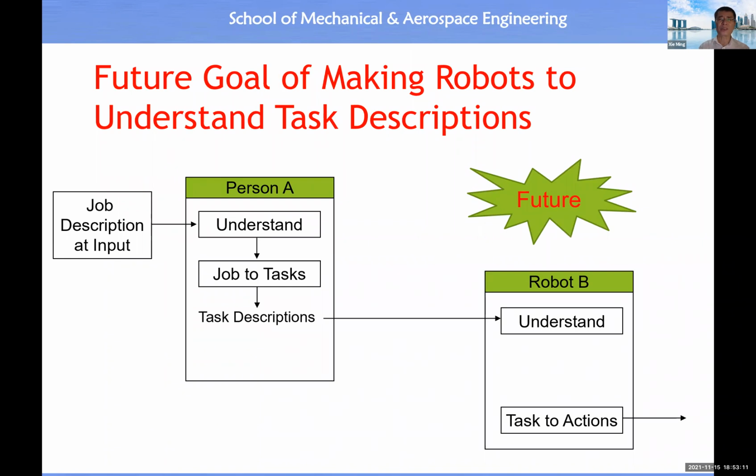But our future goal is to let the robot understand the task description, and based on that understanding, eventually the robot should be able to decompose a task into a sequence of actions. So this is a future goal of doing action planning.